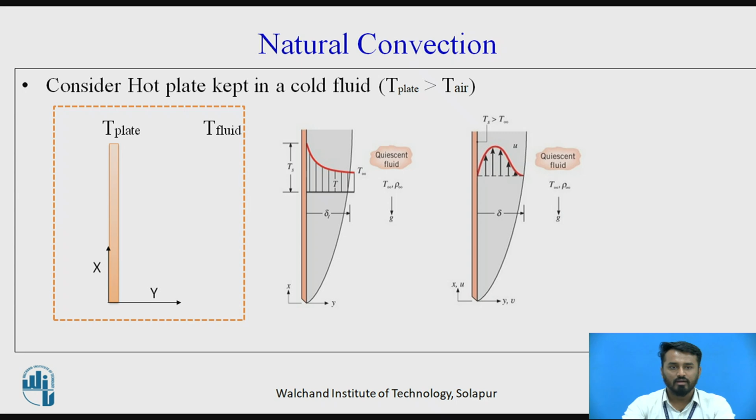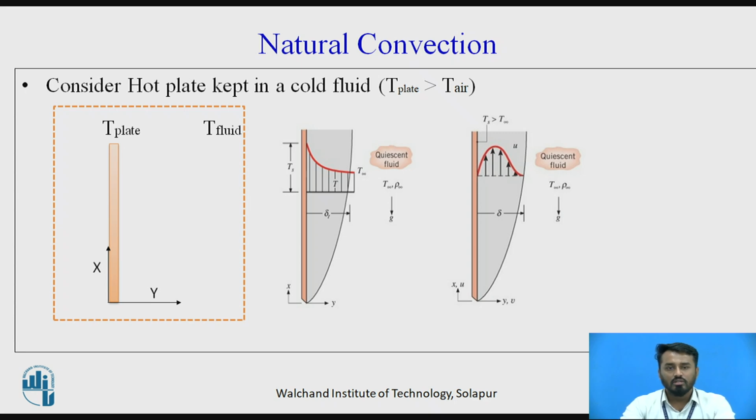Regarding the temperature profile, during this mechanism, the particle adjacent to the plate takes the motion of that plate. With the help of the no slip boundary condition, all the particles near the surface of the plate will acquire the motion of the plate, which is zero velocity.